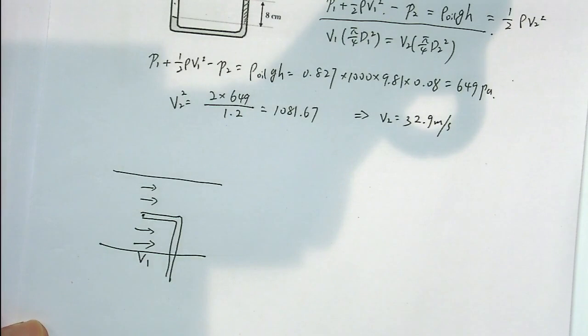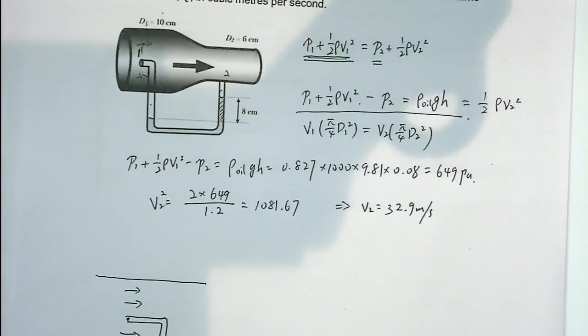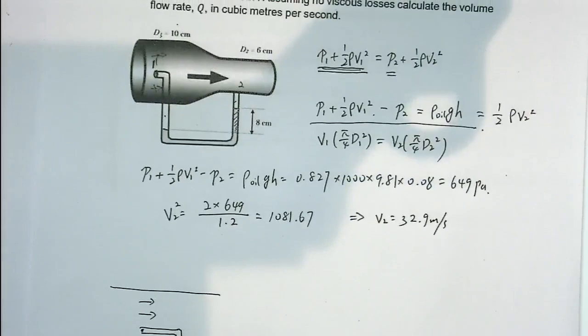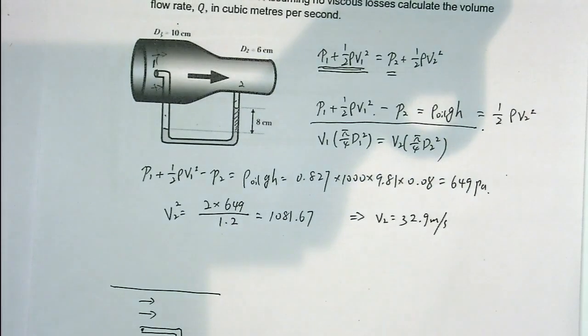Then can we take our reference point as that point to make it easy? To get rid of all the V1s. Yeah, you can. You can just let me see.